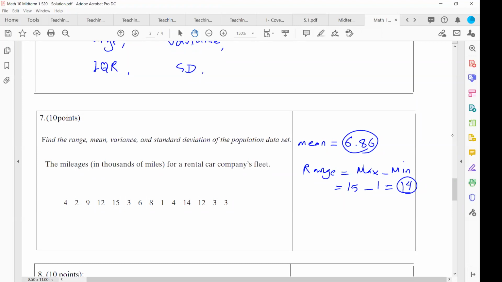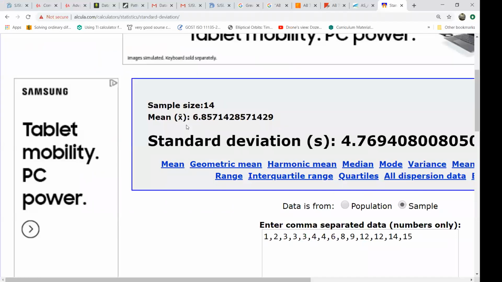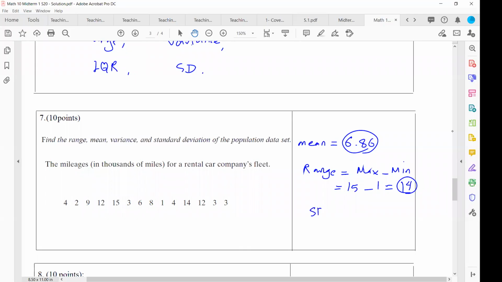Now, your variance is equal to standard deviation squared. So standard deviation is 4.77. This is our standard deviation. Now variance, to find variance, you have to do a little bit of algebra yourself. Variance is standard deviation times standard deviation, or standard deviation squared.